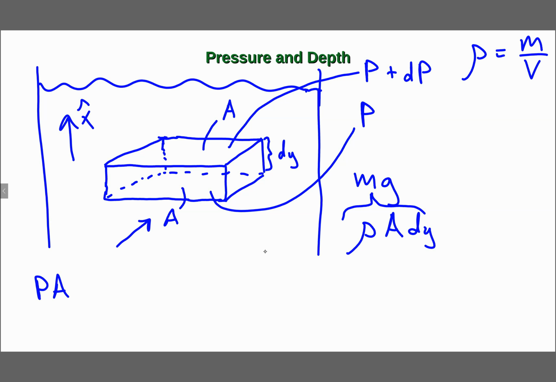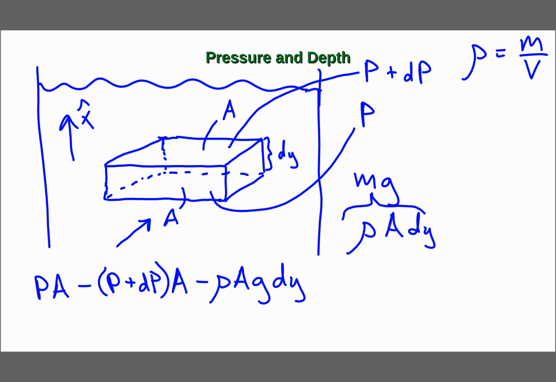And then pushing down from the top, we have the pressure on the top, P plus dP, again times A, okay? And then also pulling down, we have the force of gravity, right? The weight of the fluid here. And that's rho A G dy. Okay?